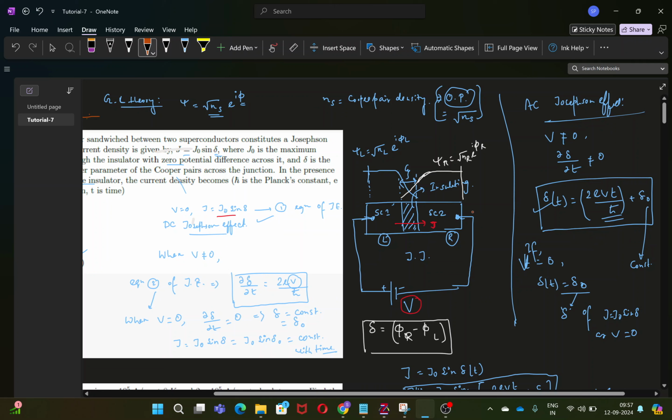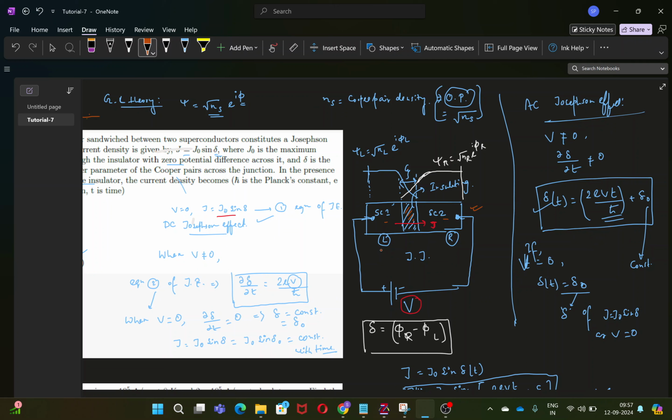So basically this schematic over here is the schematic of a Josephson junction, where in between there is an insulating regime, which is this hashed regime, and on both sides of the insulating barrier there is a superconductor present. On the left you have superconductor 1, and on the right you have superconductor 2. The Josephson junction consists of this whole thing: two superconductors, and inside there is an insulating or non-superconducting regime.